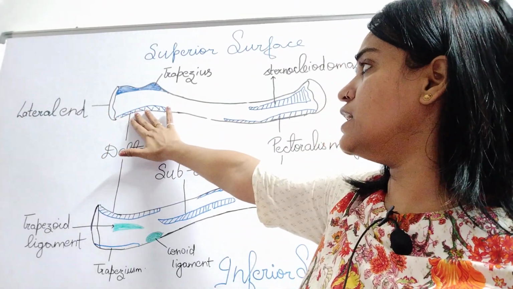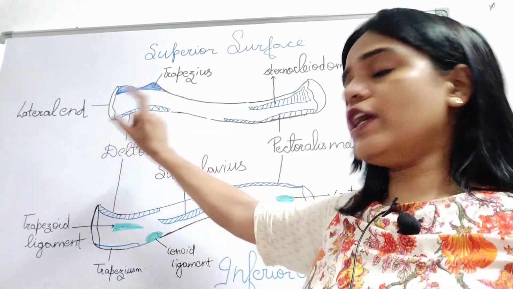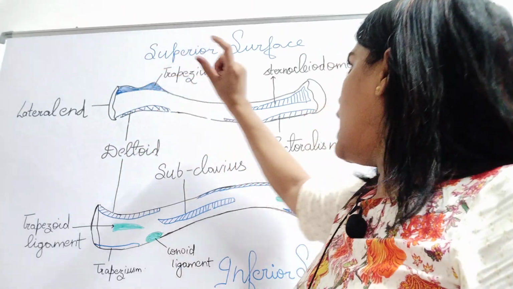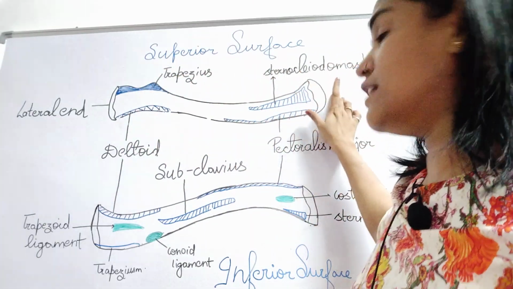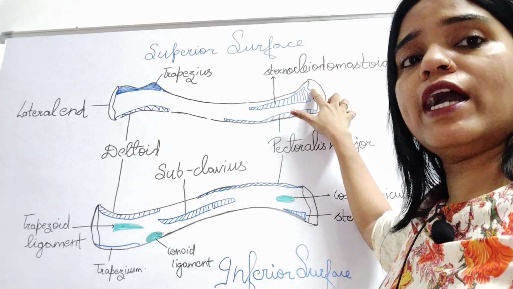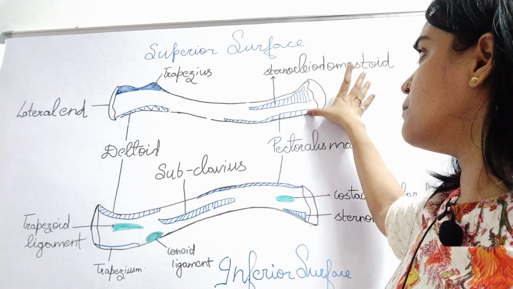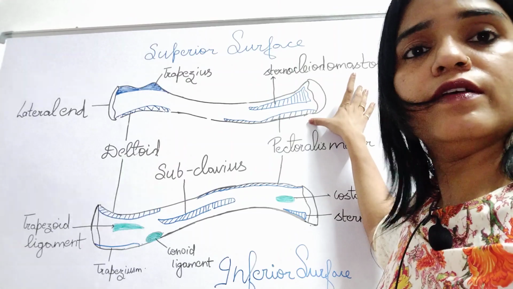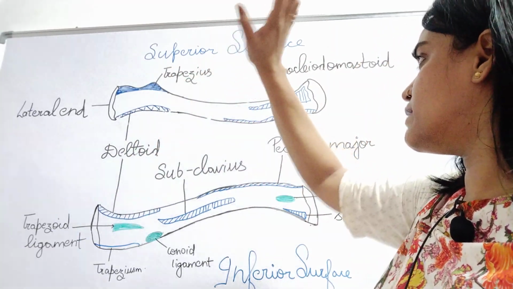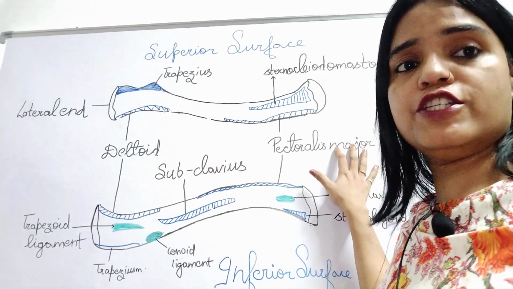Here we can find the deltoid. Okay, this is very clear. I think there should be no doubt in it. And here, at this end, we can find sternocleidomastoid, okay, and pectoralis major. So this is very simple: trapezius, deltoid, sternocleidomastoid and pectoralis major.